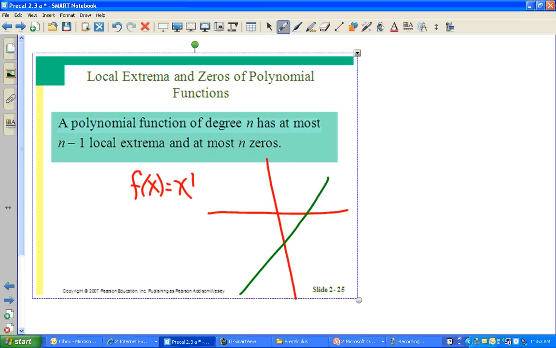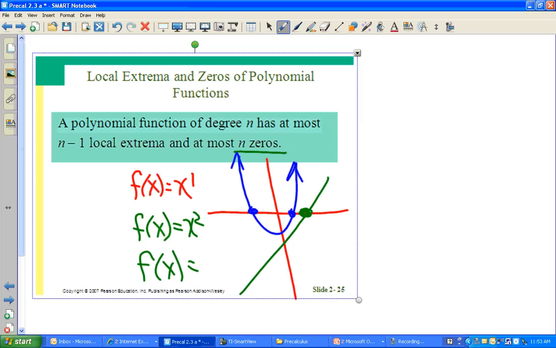And I don't care what line, and that's at the most. It will cross the x-axis once. On the other hand, if we have a quadratic, we can cross the x-axis twice. And as we saw with our cubic function, we can cross the x-axis as many as 3 times.